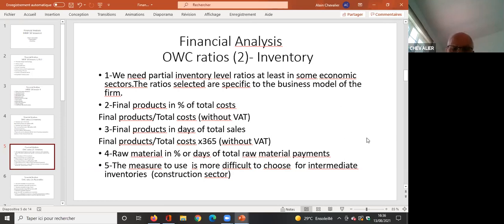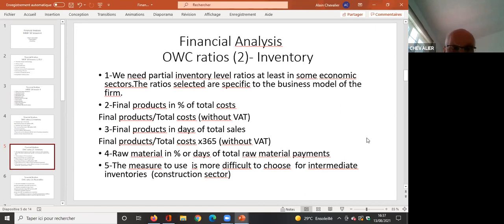And you calculate the ratio of the amount of final products bought outside to total sales of final products bought outside. The interpretation and then the difficulties to solve are exactly those of final products which are made inside the firm.